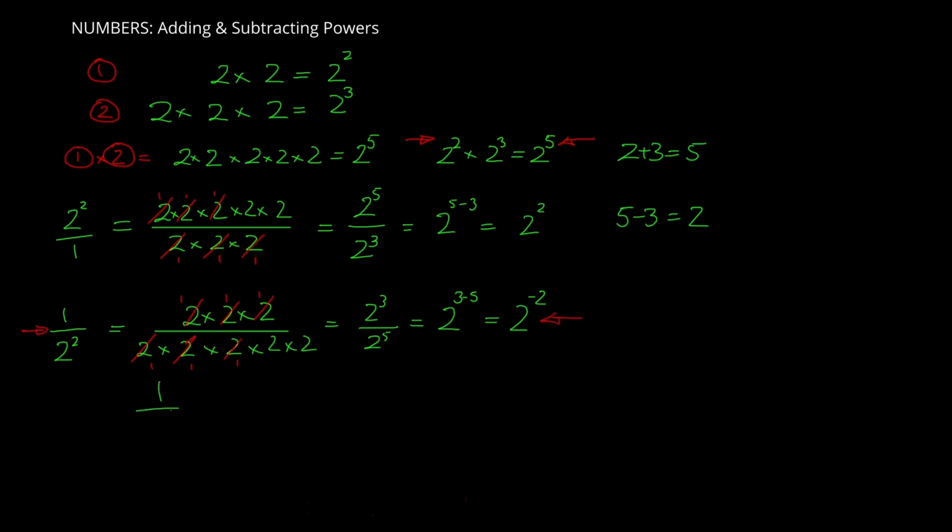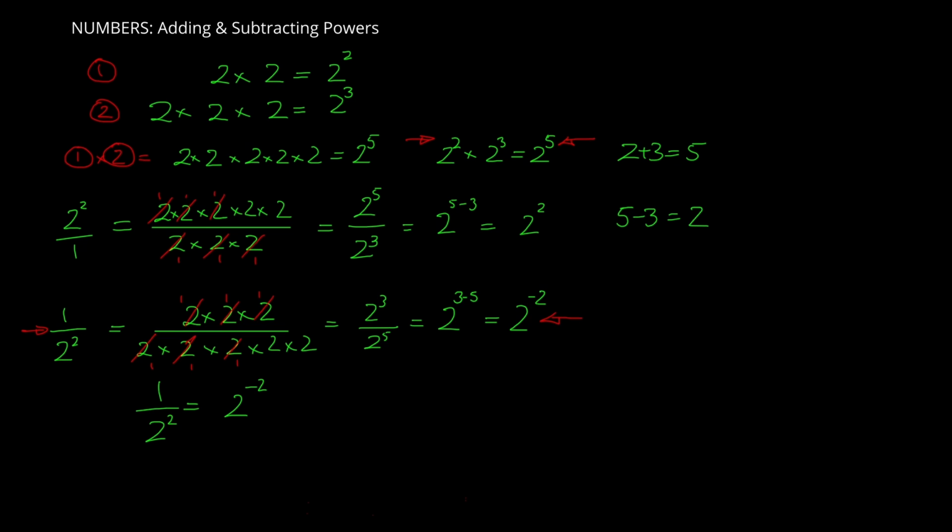We've got the result that 1 over 2 squared is equal to 2 to the minus 2. Now, this is a very important result. It's very often misunderstood, and it's a mark loser if you forget it or if you don't understand it.